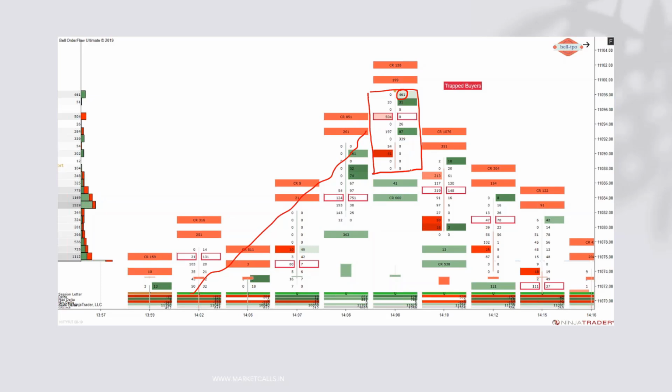But despite the big volume, what is happening? The next bar low is immediately getting broken down. So this becomes an absorption bar, and this trader entry point will be considered a trapped buyer.